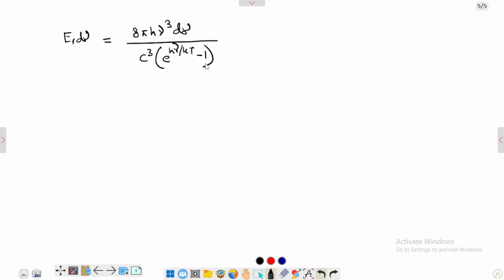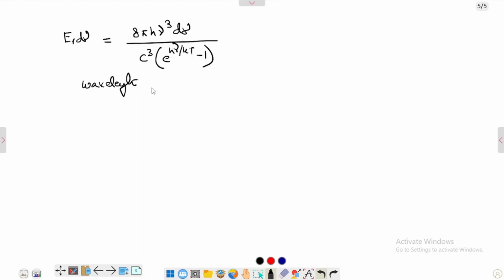Planck's radiation law, and I can find out this radiation law as a function of wavelength. So what is my wavelength actually? In case of wavelength, how can I find out the value?